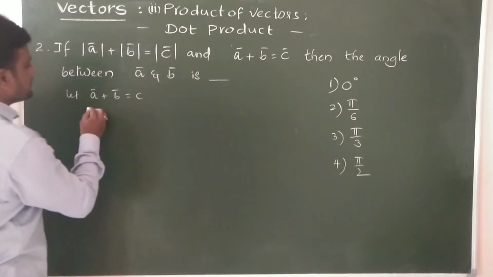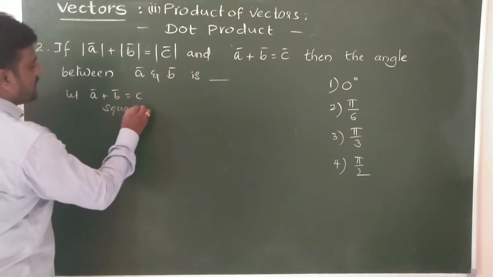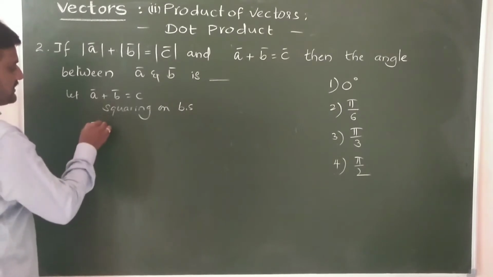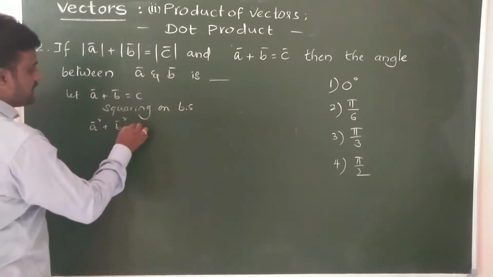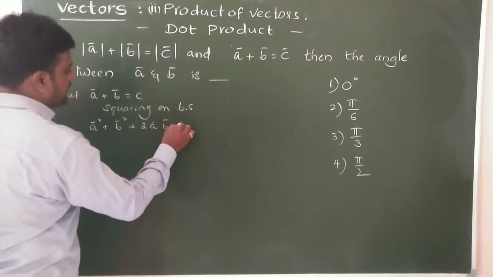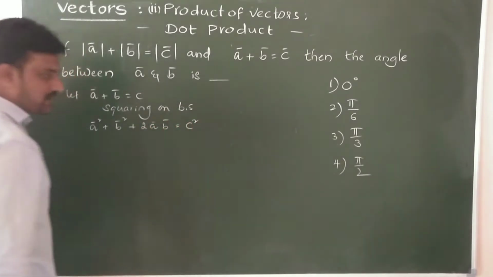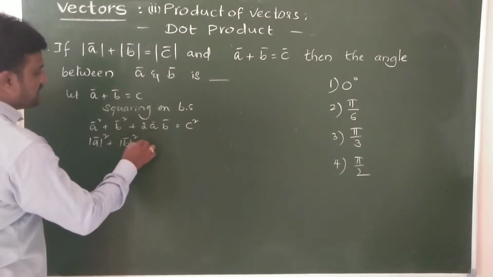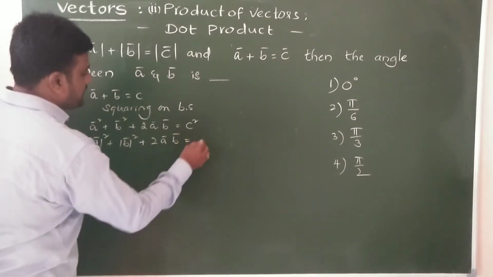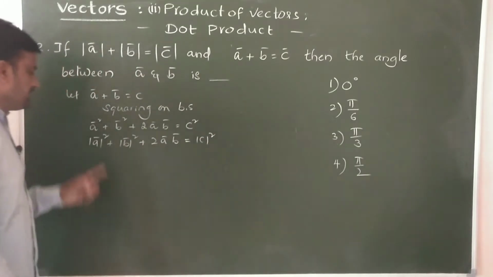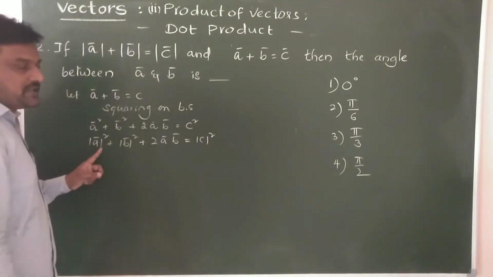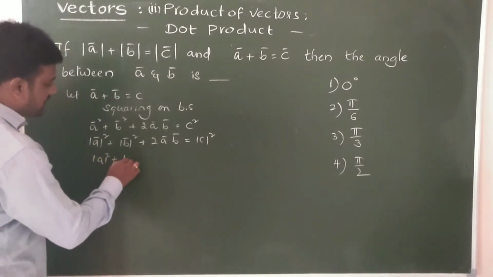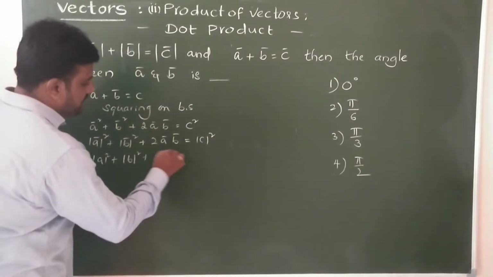Suppose taking squaring on both sides, then we will get A square plus B square plus 2 A dot B equals C square. Now I write this as mod A square plus mod B square plus 2 A dot B equals mod C square, because A square is definitely mod A square.